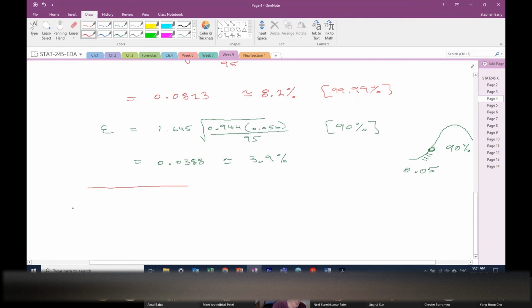So here's the real follow-up question: how big of a sample do you need? And let's say we need to be 99% confident.